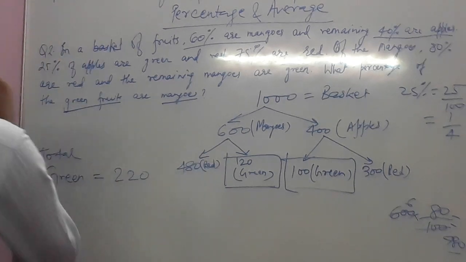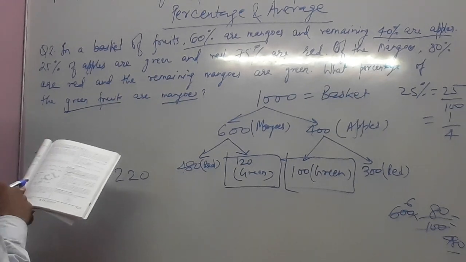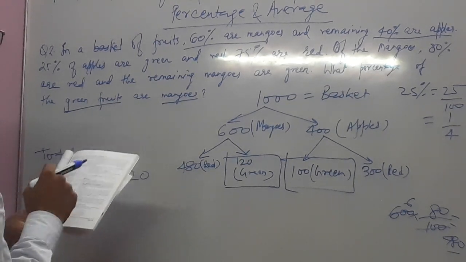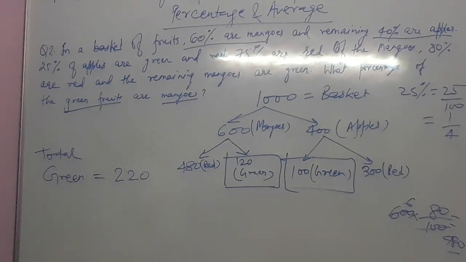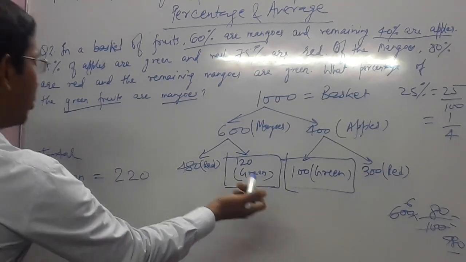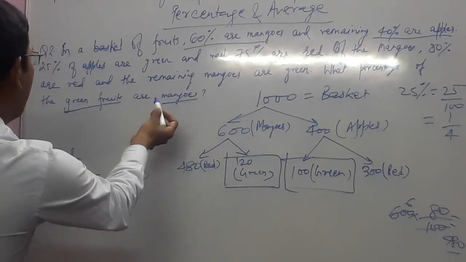The total number of green fruits are 100 apples and 120 mangoes, that is 220.